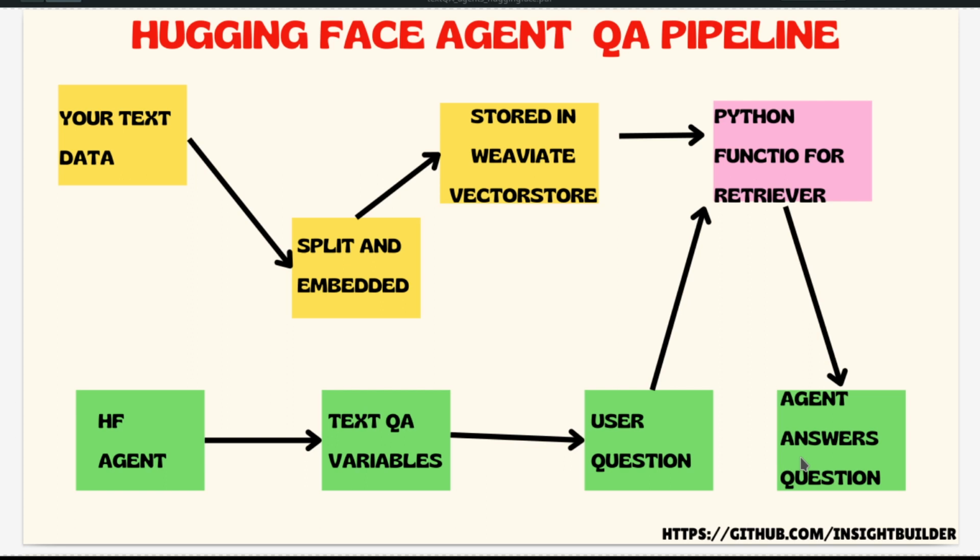In case you take a look at the various other libraries like LangChain, if you are working with Llama Index, they have internal libraries and methods that actually abstract away all this from you. So this entire process that I'm doing here has been already implemented by the developers of those libraries, and you don't see this. However, in case of Huggingface agents, this is the process we need to follow.